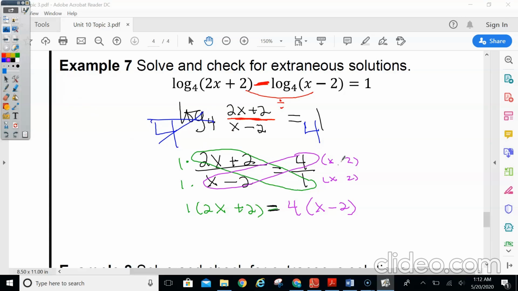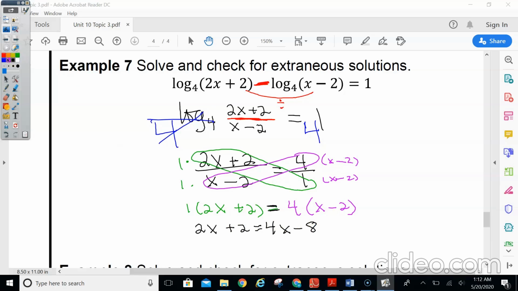So again, when you use cross products, you're technically multiplying by opposite denominators, and then you have the same denominator, so you set numerators equal. So here I distribute and I get 2x plus 2. Here I distribute and get 4x minus 8. And now I just solve for x.